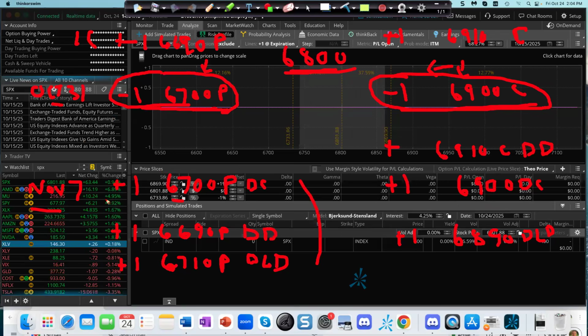I'll start with a 30 delta for the calls and puts, but it could be a range of anywhere from 25 to 35. So iron condor when vols are maybe in the high end of the range, calendars and some of these other trades when vols are a little bit lower.